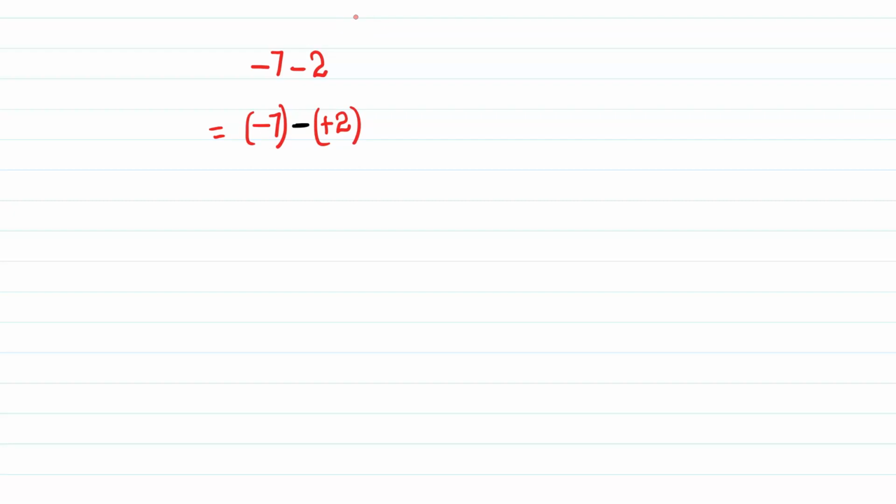Now, how can we take away positive 2 from negative 7? We need to change it into addition and add the opposite. So we will change subtraction to addition and take the opposite of positive 2, and the opposite of positive 2 is negative 2. So now we have negative 7 plus negative 2. So the answer is negative 9.